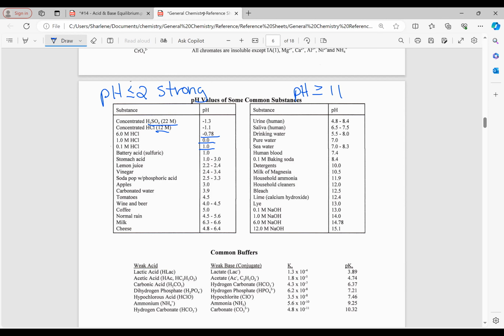Remember, strength ultimately is based on identity and concentration, okay? Acid, base. Don't forget, strength is equal to identity and concentration.